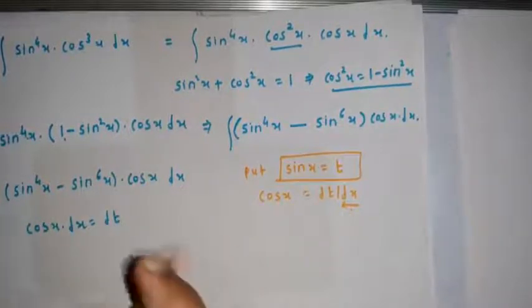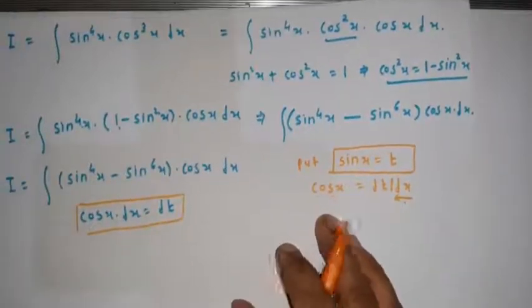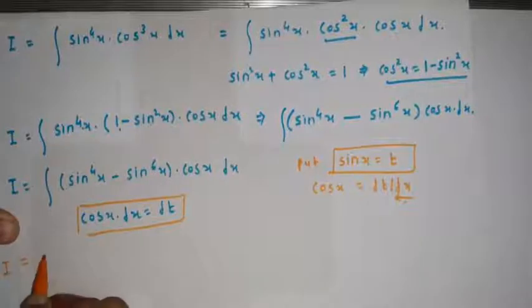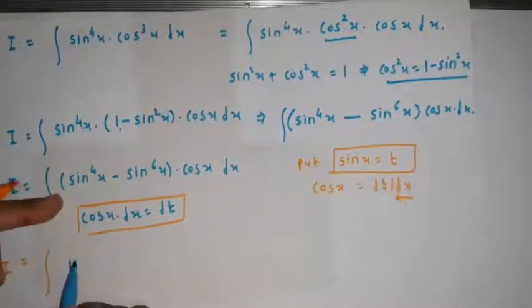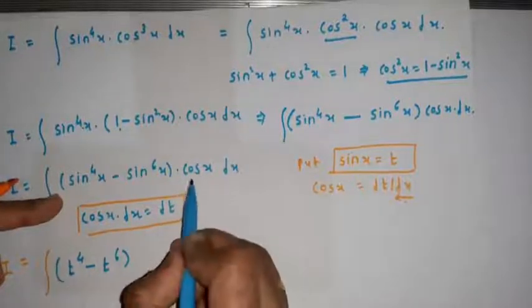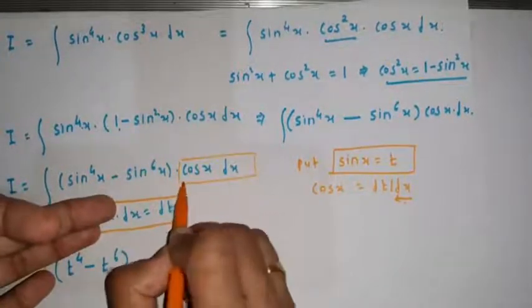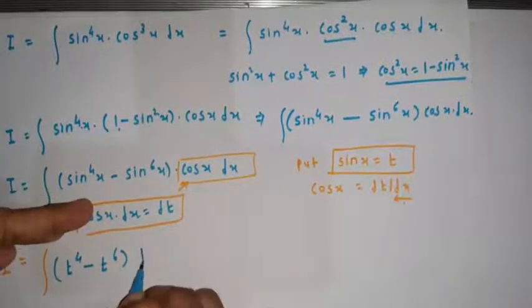Okay students, and hence our integrand becomes, that is, integration I equal to t raised to 4 minus t raised to 6 cos x dx, the value is dt. Students, the value is dt from here, and hence this is dt.